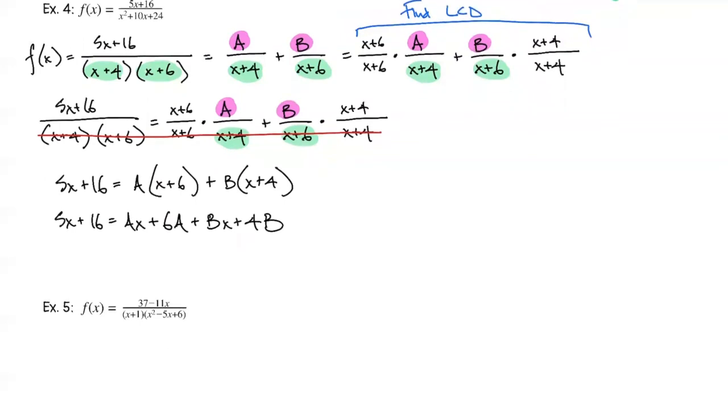Well, it turns out that one way that we can write two different equations is we can collect all the terms that have an x, and separately we can clump all the terms that only have numbers. And then we can write two separate equations. So we could write a yellow equation, 5x equals ax plus bx, and 16 equals 6a plus 4b.